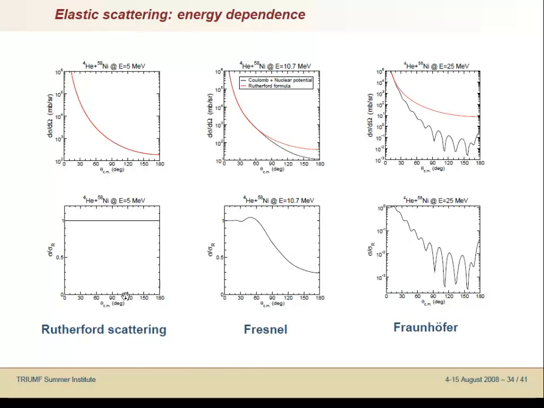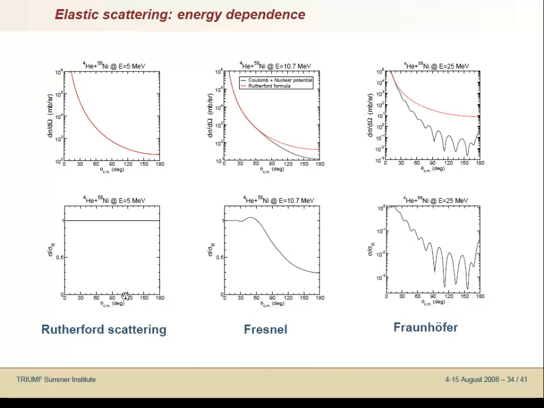Oh, okay. Yes, I didn't say anything about it. The Rutherford formula, strictly speaking, is for a point projectile and point target, but we are using a finite distribution, because remember, we consider a charged sphere with some radius.